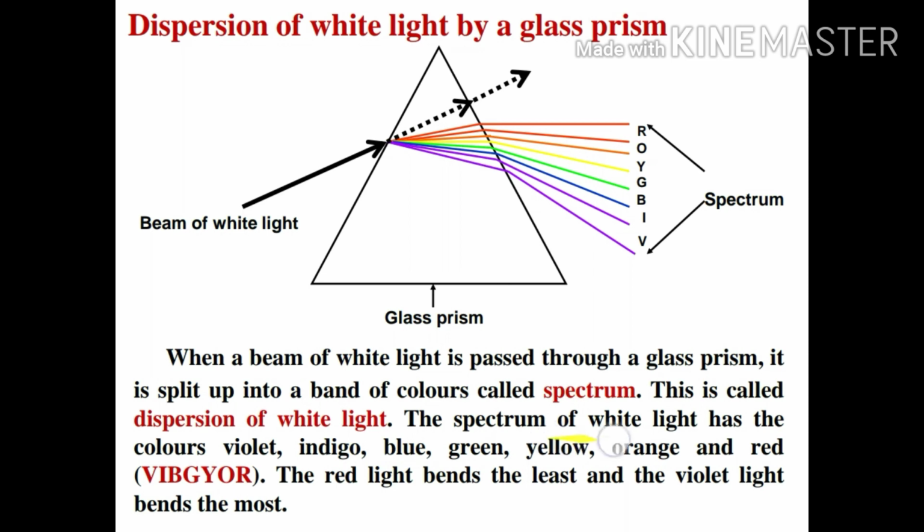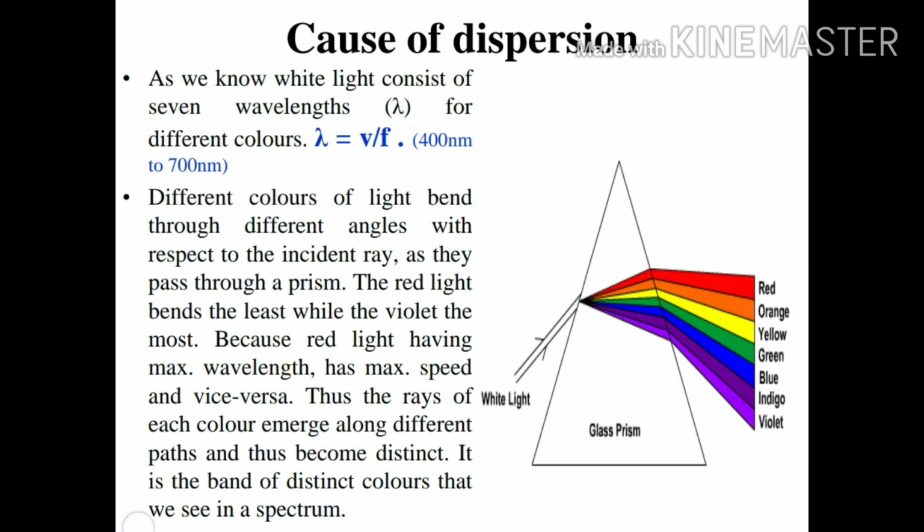The spectrum of white light has colors violet, indigo, blue, green, yellow, orange and red. The red light bends the least and violet light bends the most. This is violet and this is red. Why it happens, we will discuss in the next slide.